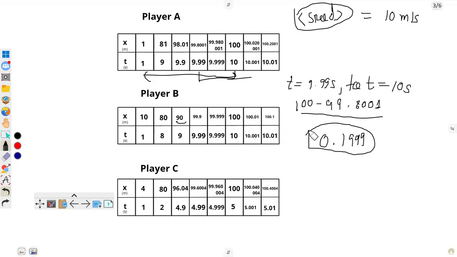So this is the distance traveled in this time interval. And what was the time interval? Our time interval is from 9.99 seconds to t equal 10 seconds. So our time interval is actually 0.01. And what does this turn out to be? 19.99, right?